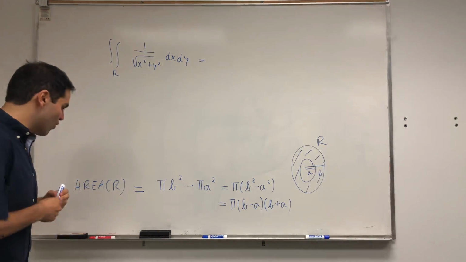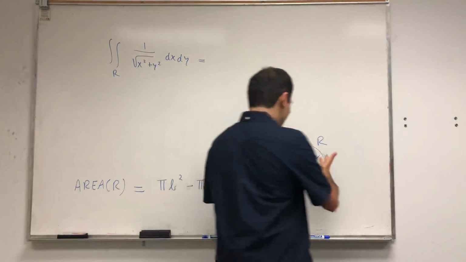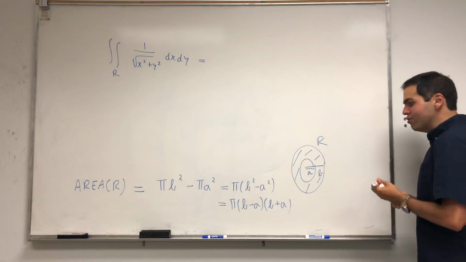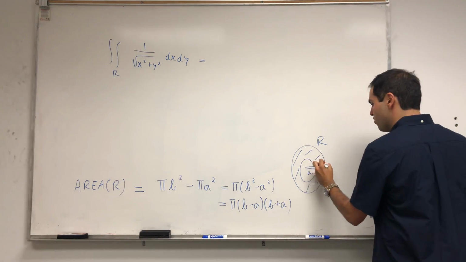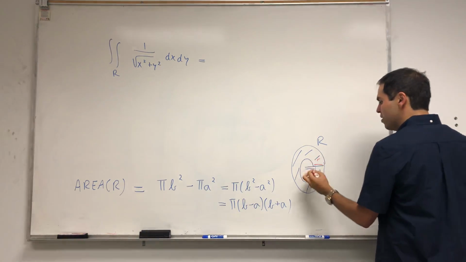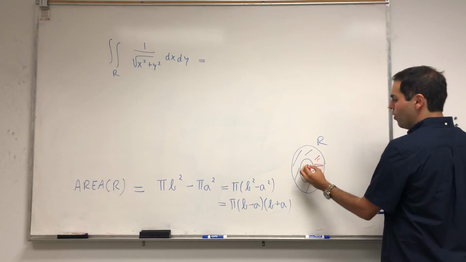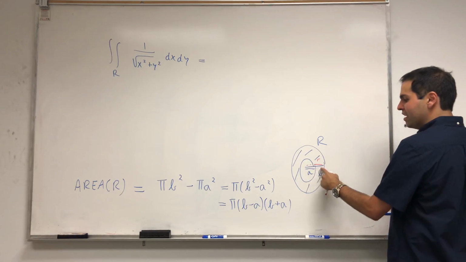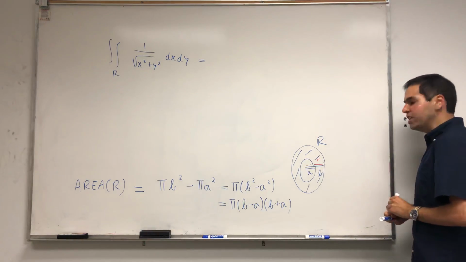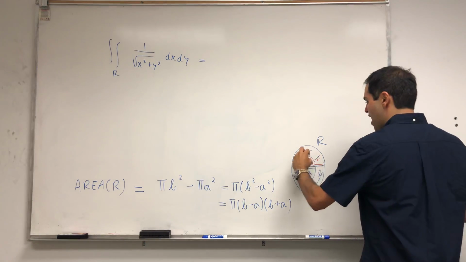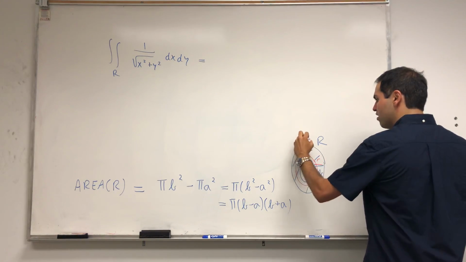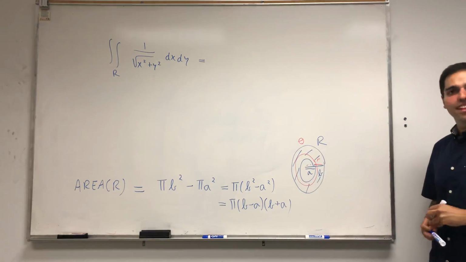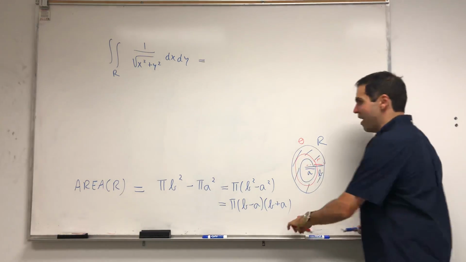And the nice thing is this ring itself can be conveniently described in polar coordinates, because the radius is squeezed between a and b, and the angle theta goes everywhere, from 0 to 2 pi.